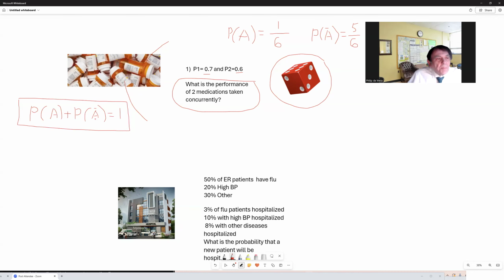Another one: suppose I have two events, A and B. The first event A is that Philip Di Melo gives a lecture to nurses, and B is sun in California, let's say. These two events are independent.